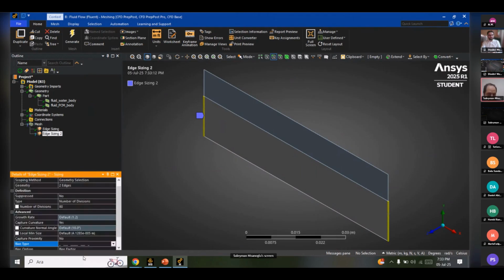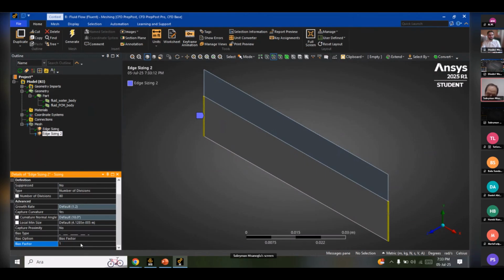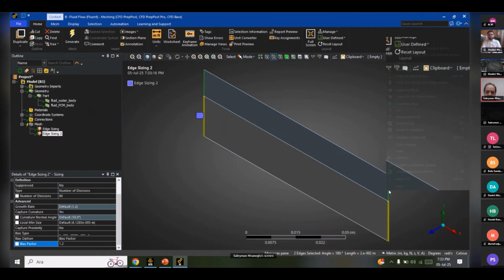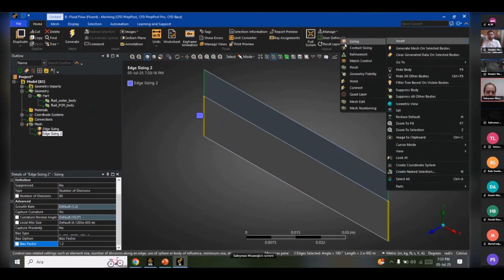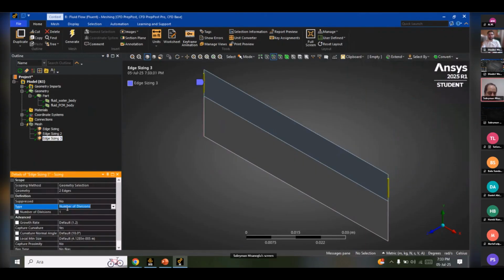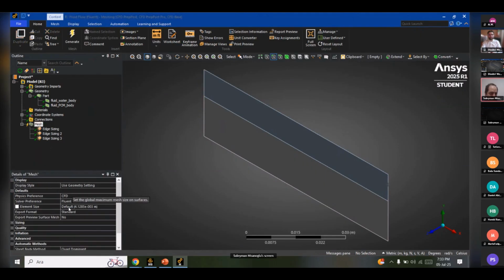Okay, here. Bias factor is 1.2, for example. Okay. And on the other, PCM side, I want equal mesh sizing. Number of divisions, 60, okay. Also, okay, everything is good.